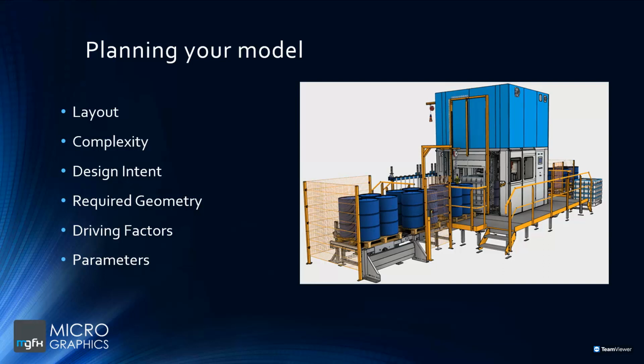If we look at this image as an example, the width of the conveyor belt in this design is driven by the width of the pallet that it needs to move. Those conveyor rollers need to be wide enough for that pallet to fit on. So the size of that pallet is a driving factor in this design.